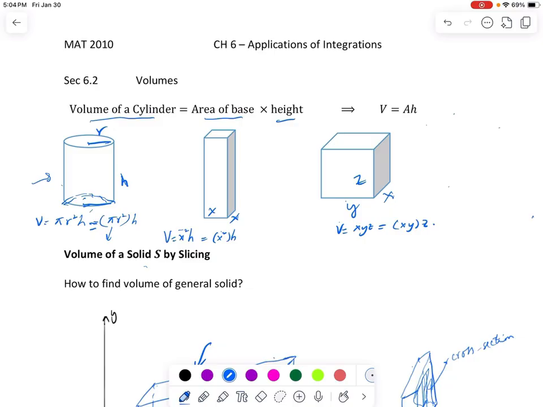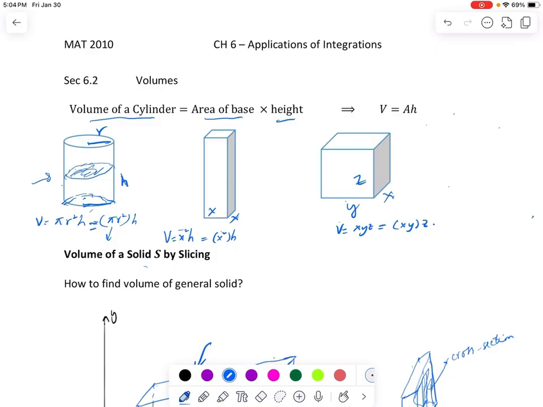Cross section means you take a thin sharp knife, and maybe think of cutting through this cylinder horizontally. You will make a cut like this. So this is the cross section, and the area of this is the area of the cross section.